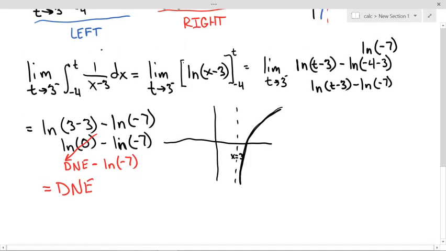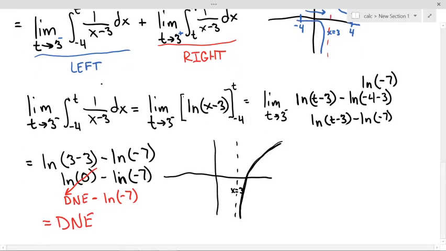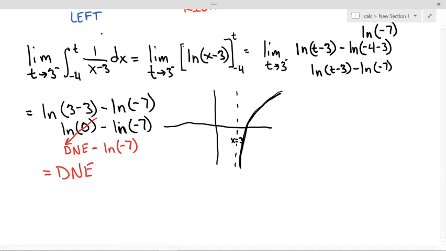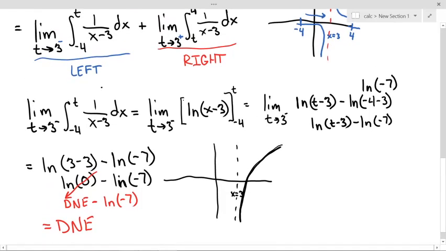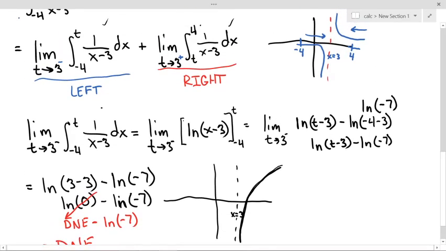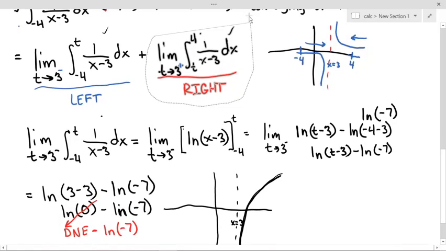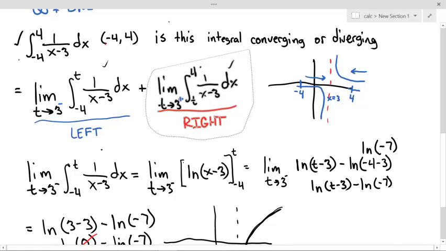Since we're solving our left side, you have a does not exist plus whatever this limit is.